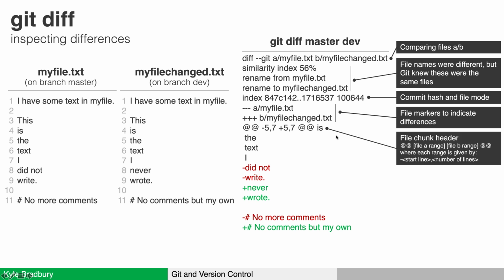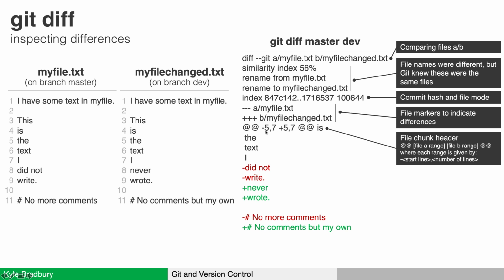And then we have here the file chunk header. Between these double @ signs, it tells you the file range of file A and file B that will be included and compared below. Each range is given by first the starting line and then the number of lines included.